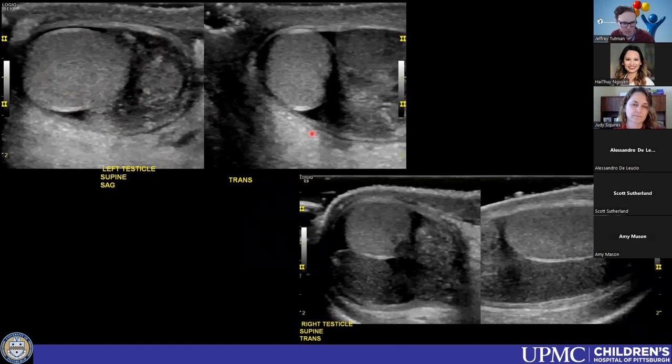So this is a case of HSP, or Henoch-Schonlein Purpura. I think it's important to be familiar with the idea that you can have scrotal involvement with HSP. Again, this is where the history really helps us a lot, being familiar if the patient has the other findings of HSP, so either rash or arthralgias, abdominal pain, those types of things.